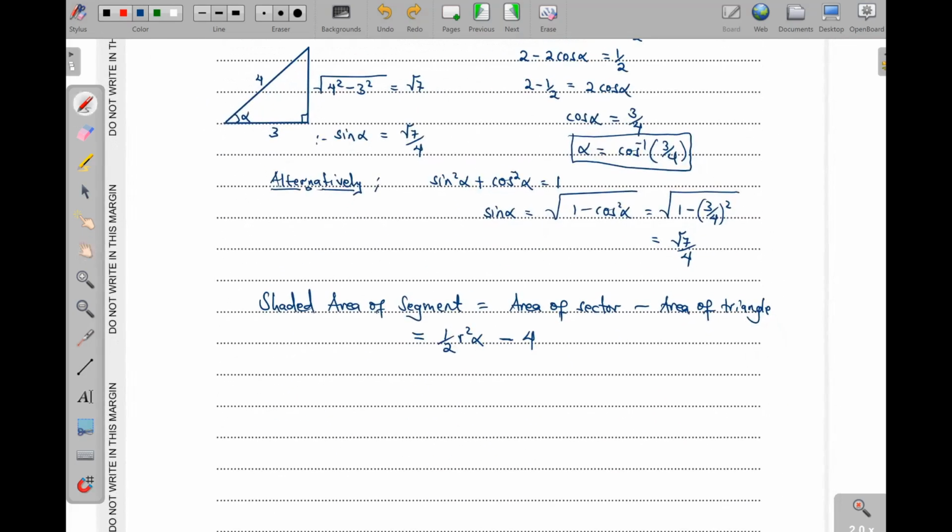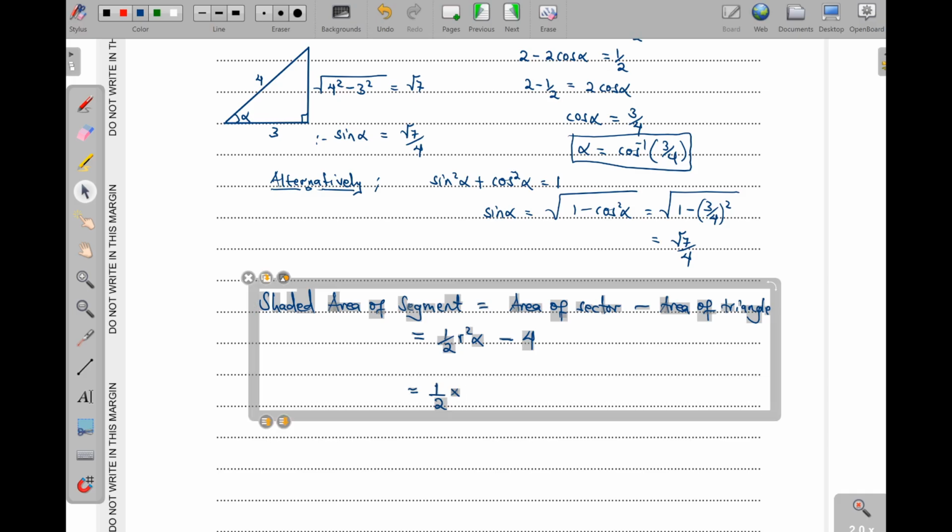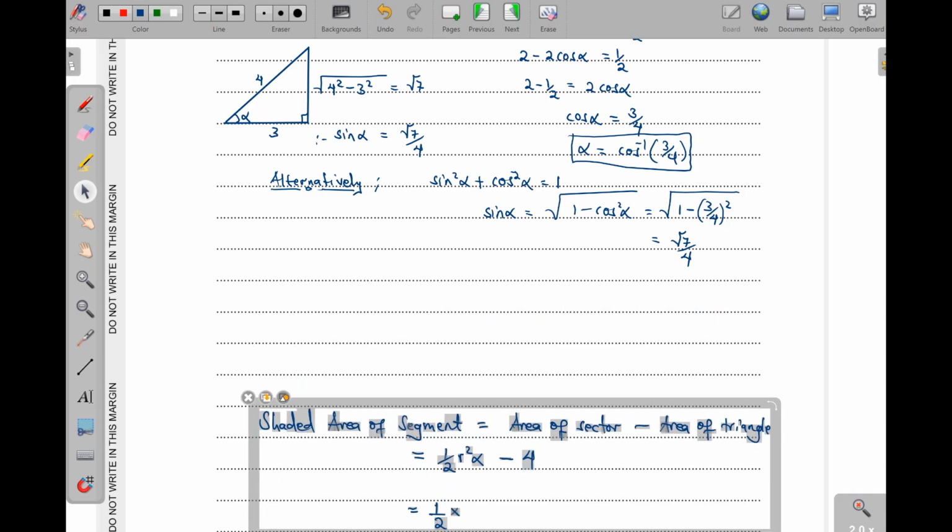Now, we substitute here. We can have a half times our r squared. We have r. So we need to find r. Okay. So let me take this one down, maybe there.